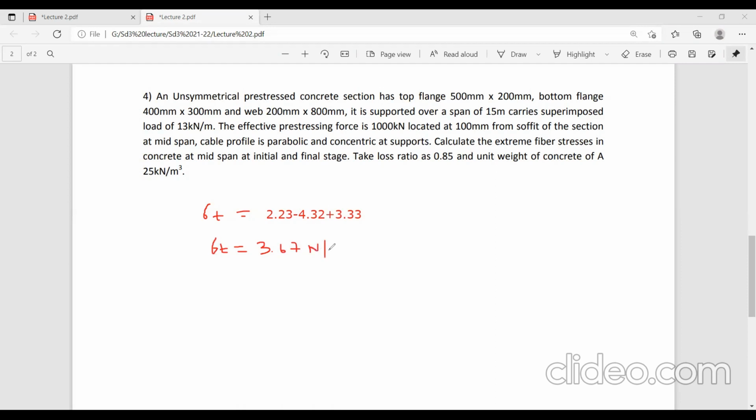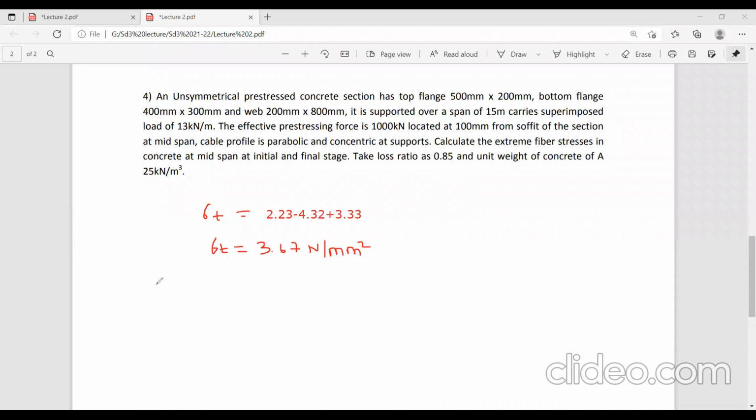Everyone now got the same answer? Okay. So positive, it has a plus value, means it is in compression.